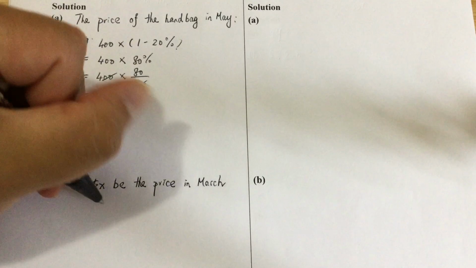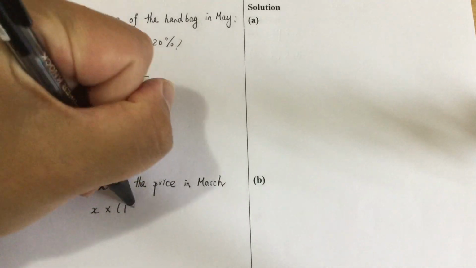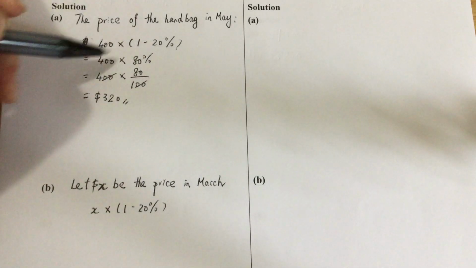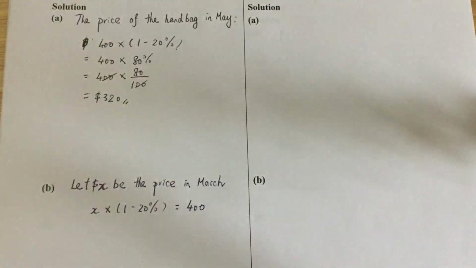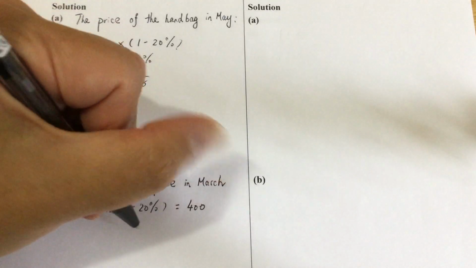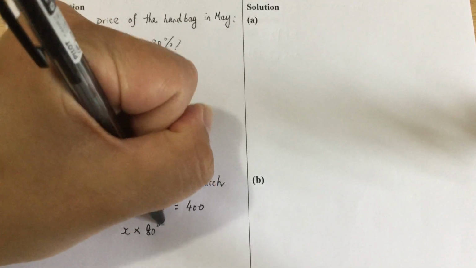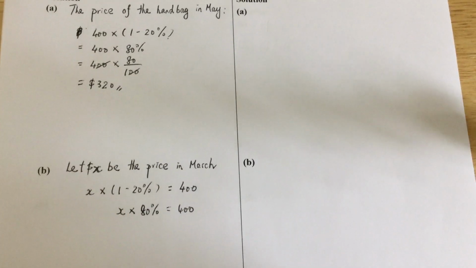Once again, this time is X times 1 minus 20%, because in April, the price is 400. So this time we have 400 as the new value. So once again, X times 80% equals 400. Okay, I move it down.